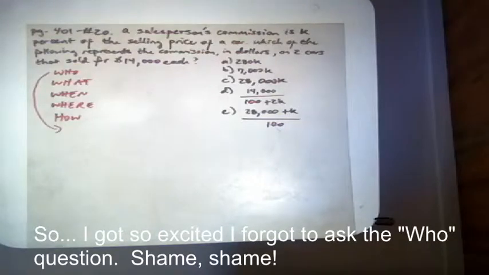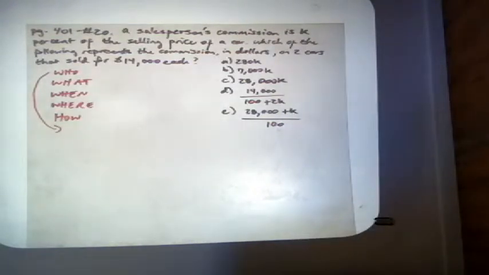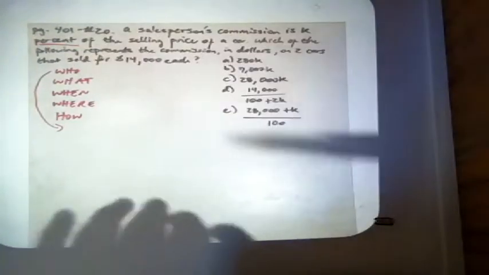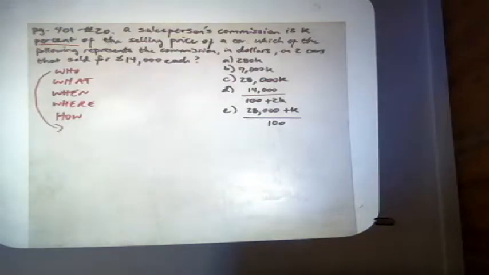So the first way we're going to solve this problem is by using zero math. And the reason we can use zero math is because of one single word that we're given in this problem, and that word is percent. Why is this word so important? Well, it tells us that K, the unknown in the problem, which represents the commission of the salesperson, is a percent.